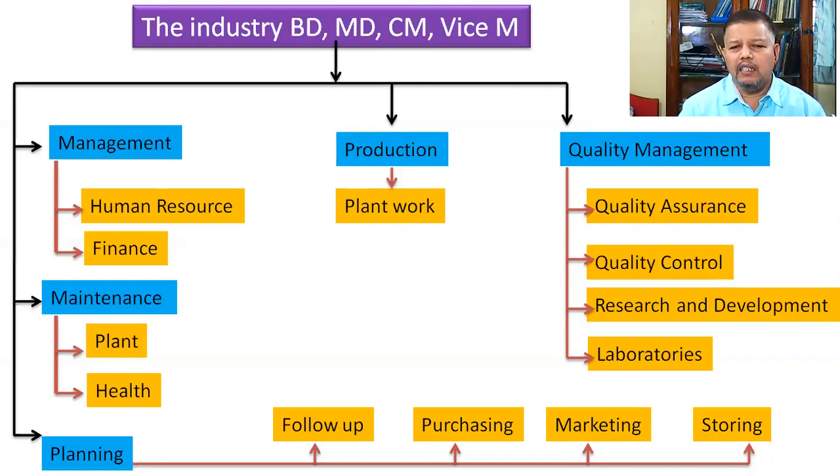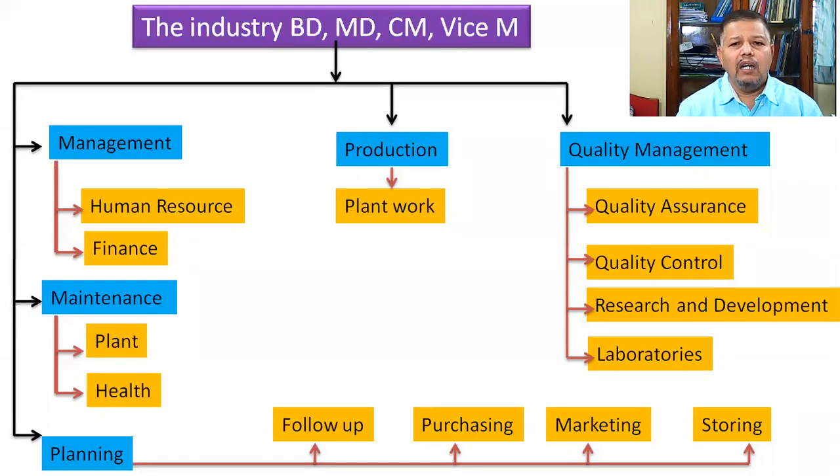Our interest, that is, the chemist's interest, is in quality management and plant work. Under quality management, there are quality assurance, quality control, research and development, laboratories, and actually all this research we apply on the plant for the bulk material.